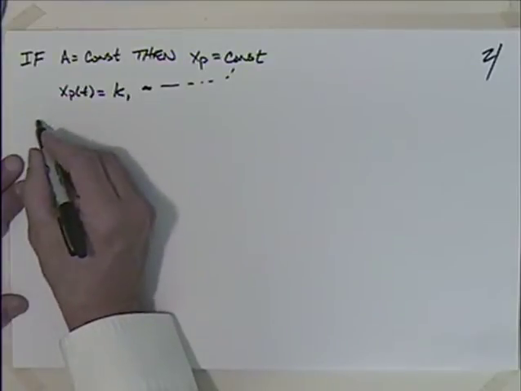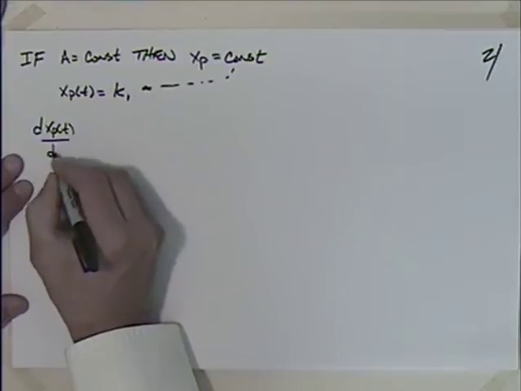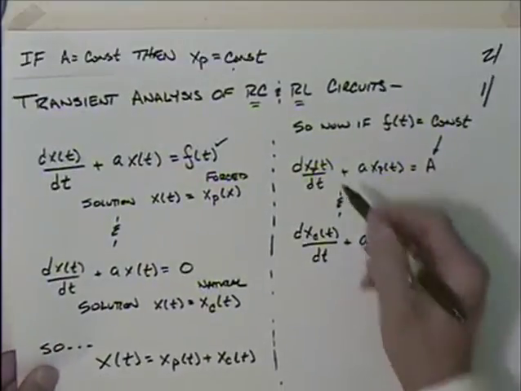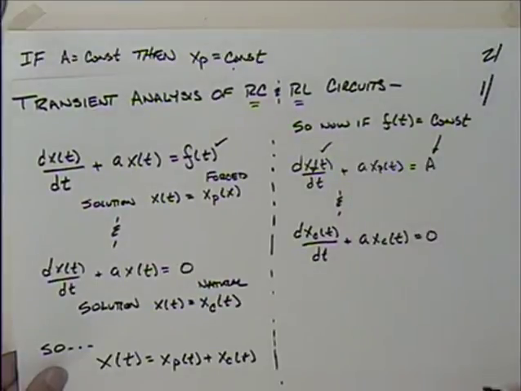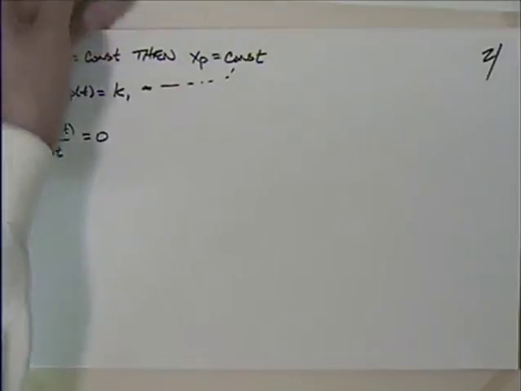And if that's equal to a constant, then dx p of t dt is equal to 0, right? So we come back over here. If this one is equal to 0, then I'm just looking at that.